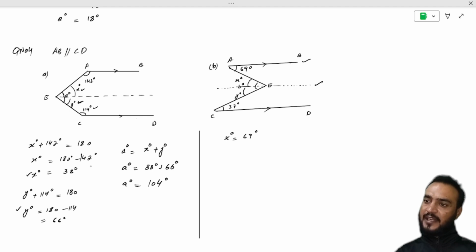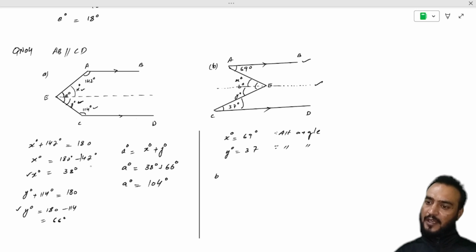So the angles x degree and 69 degrees are alternate angles. So x degree is equal to 69 degrees. At the same time, if you see y degree, it is alternate to the angle 37 degree, because this imaginary line is also parallel to the line CD. So y degree is equal to 37 degrees, the reason is the same, because these are alternate angles.